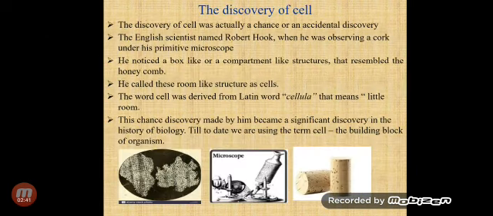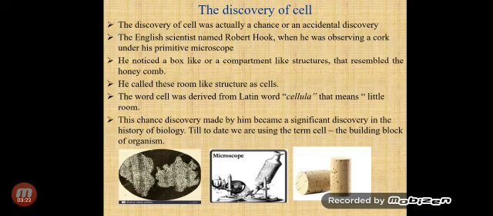Now let us discuss the discovery of the cell. This discovery was not a planned one; it was an accidental, by-chance discovery. The English scientist Robert Hooke, while observing a thin slice of cork under his primitive microscope, was able to see a number of tiny compartment-like, box-like structures resembling a honeycomb, and inside each box-like structure he saw a dark spherical dot-like structure too, and he called these tiny compartments cells.